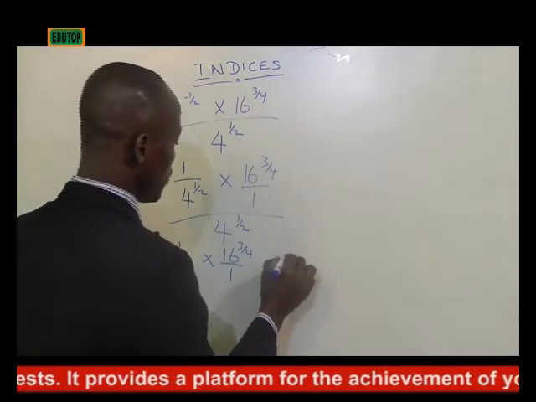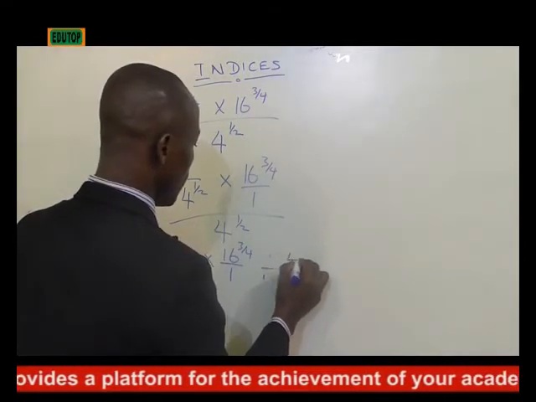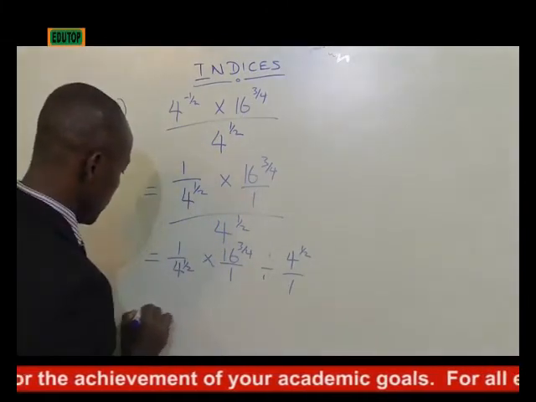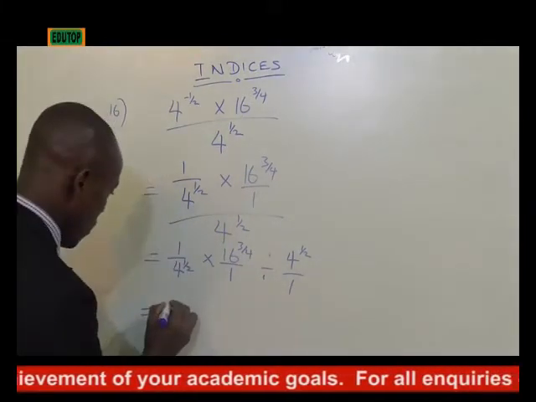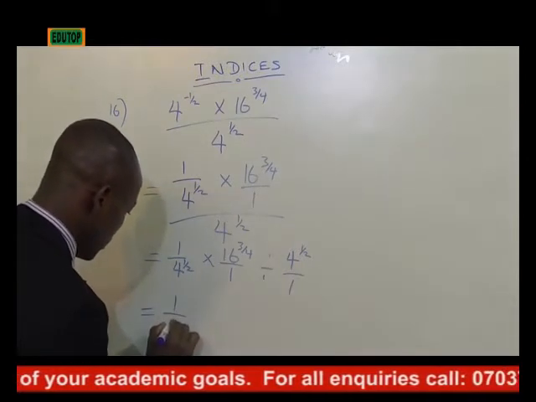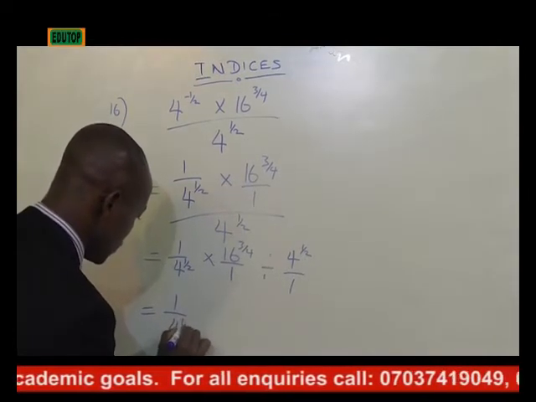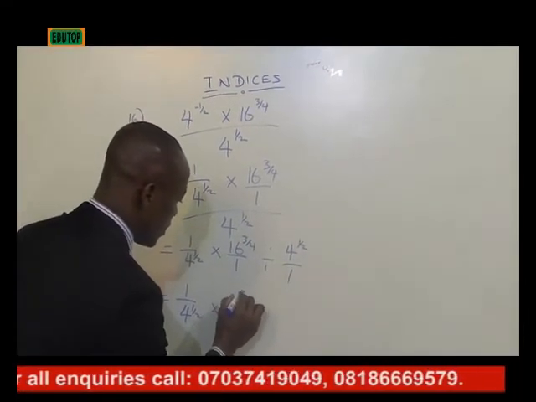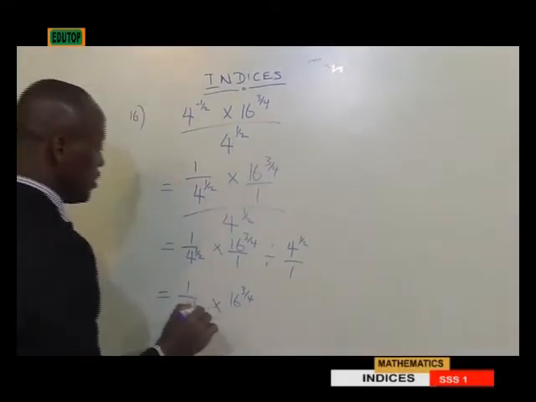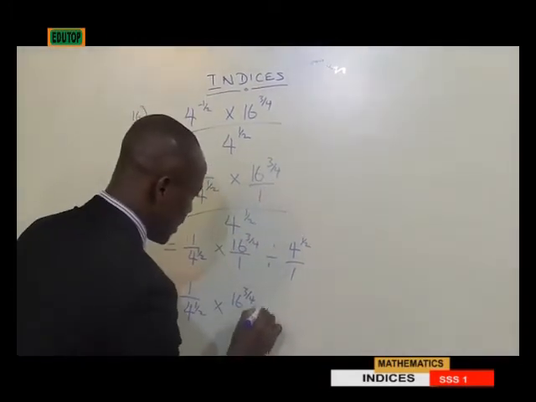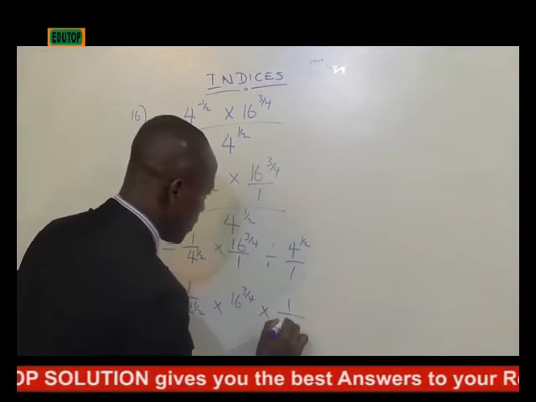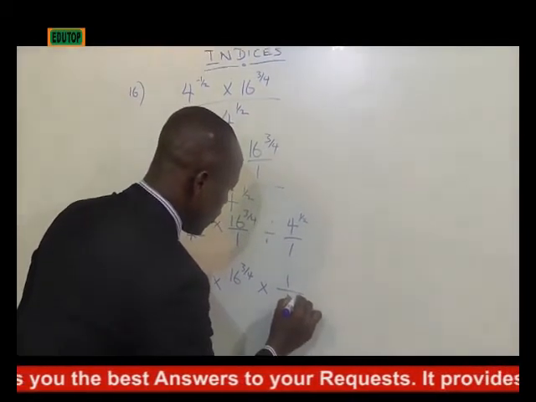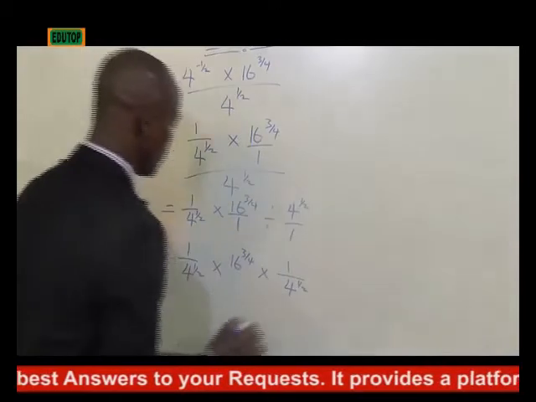This 4 is just like 4 over 1. So we'll now be having 4 raised to power 1 over 2 over 1, which is the same thing as 1 over 4 raised to power 1 over 2 times 16 raised to power 3 over 4 times 1 over 4 raised to power 1 over 2.